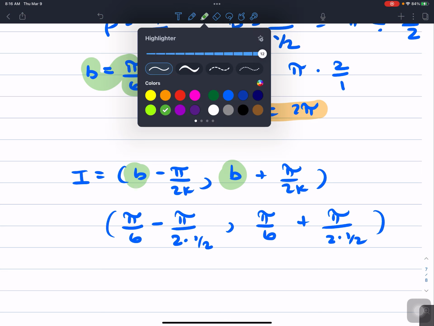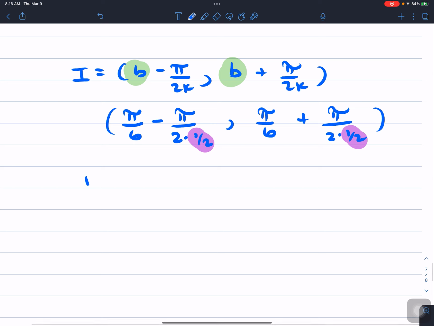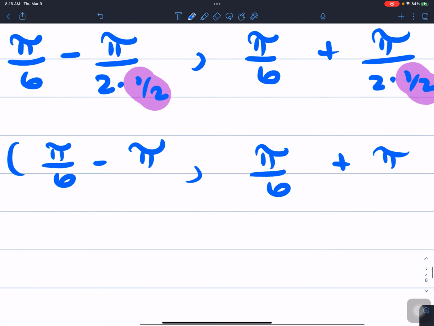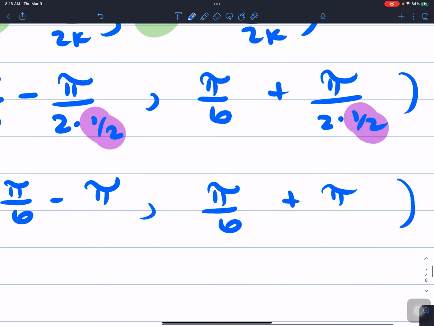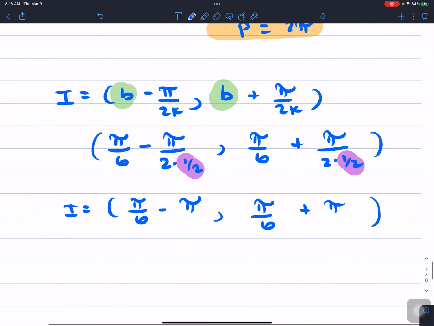So remember, K. So what is 2 times 1/2? Isn't that 1? 2 times 1/2 is 1. You guys okay with that? You guys see what I'm saying right up in here? The 2 times 1/2, because k is 1/2. So 2 times 1/2. Okay.